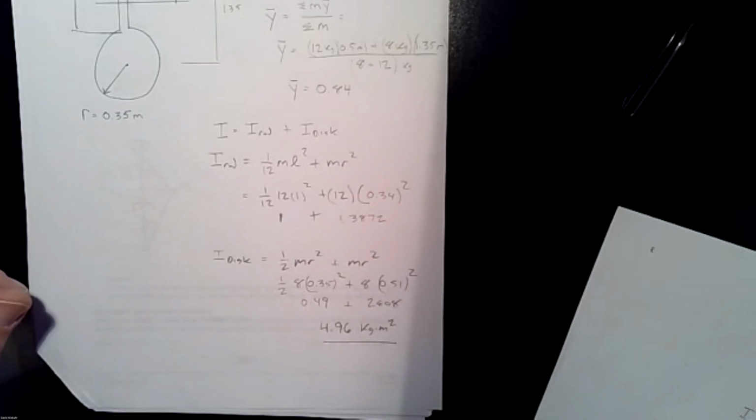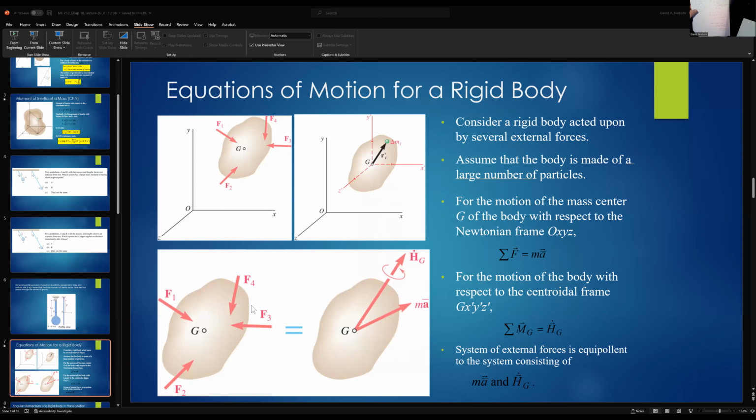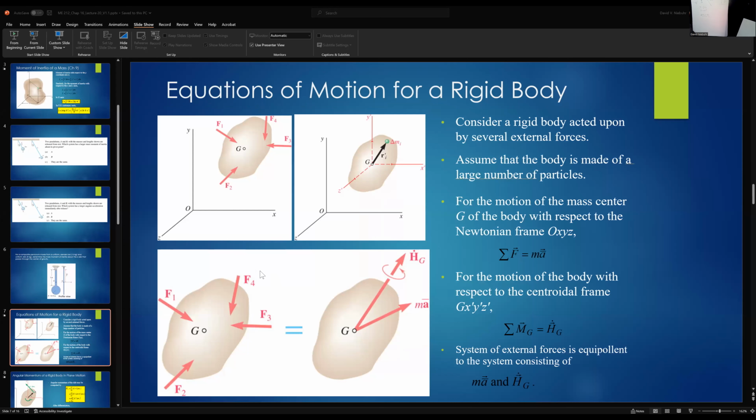Now, the important part of this that I want to discuss is dealing with the equations of motion of a rigid body. Now what they refer to is the idea that if you have a bunch of forces acting on something, and these are out of your book, so again, it's something that you're going to want to read and review, but just to give you a quick overview of it, imagine you have a rigid body acting in space, and that's what these pictures show.